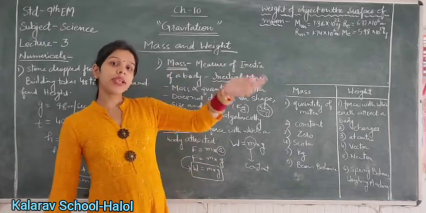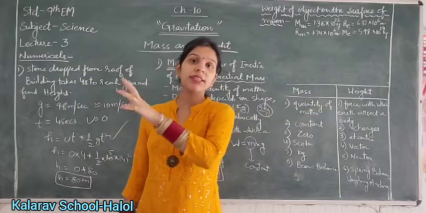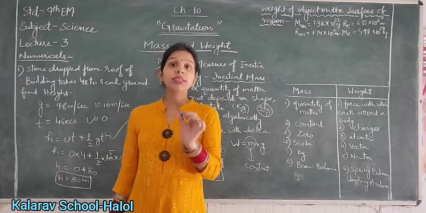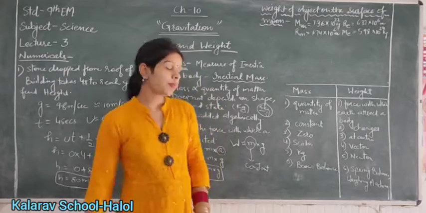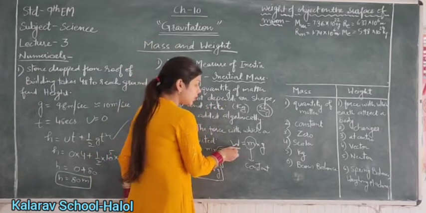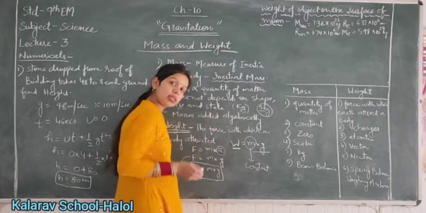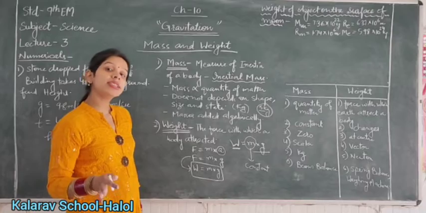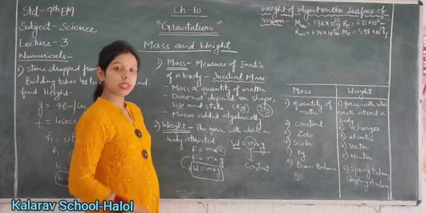Your weight is different at the poles and different at the equator, because the value of g changes. If g increases, then W also increases. If g decreases, then W also decreases.